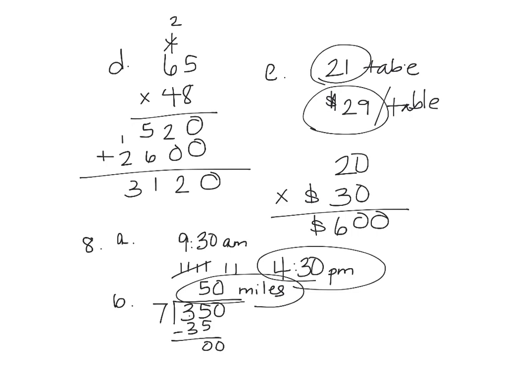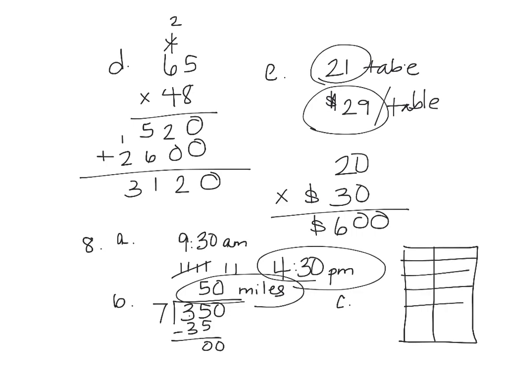And C, we're going to make a table. Using the answer for part B, show a table. All right, so we're going to make a table here. This is our hours. And this is our miles.